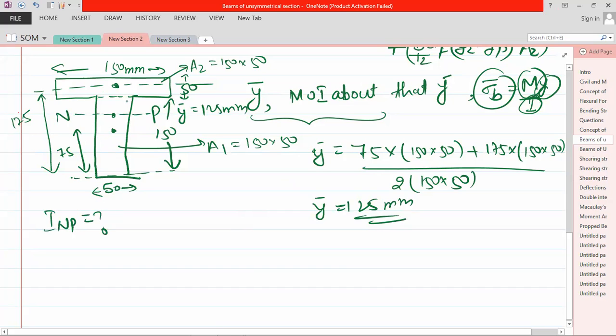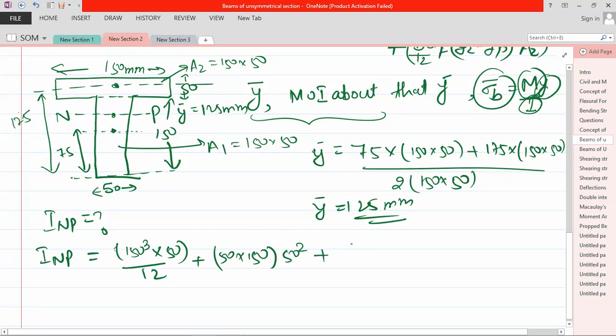First, for this section, you can obtain the moment of inertia as 150 raised to the power 3 into 50 divided by 12. Now shift the plane. You know the shifting property, the parallel axis theorem, from mechanics. 50 into 150 into, this is 125, this is 75, so the difference is 50, into 50 square.